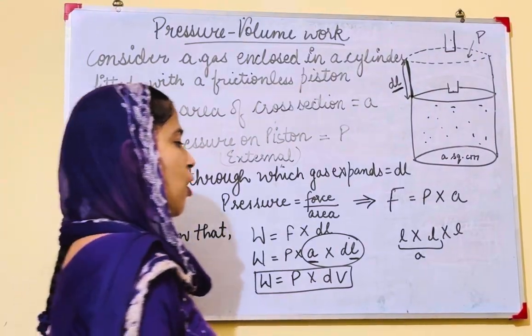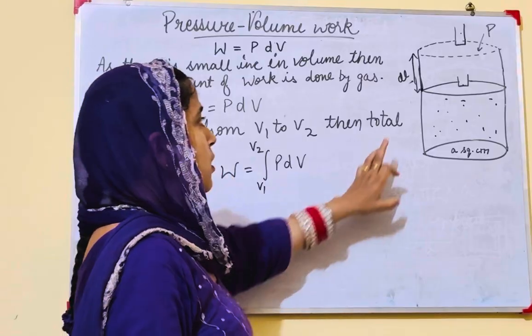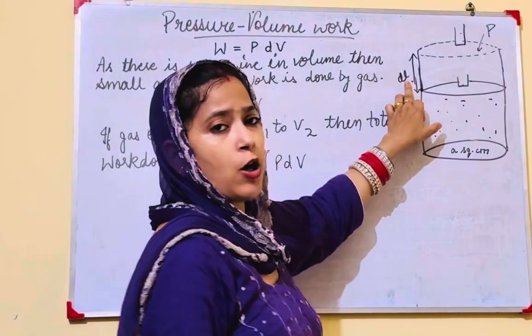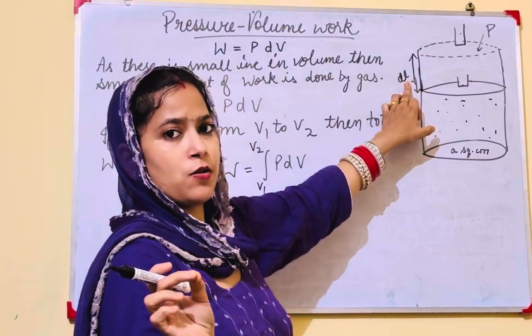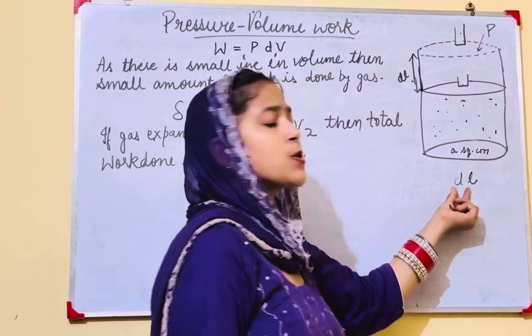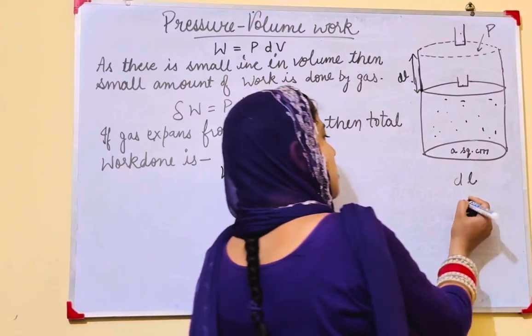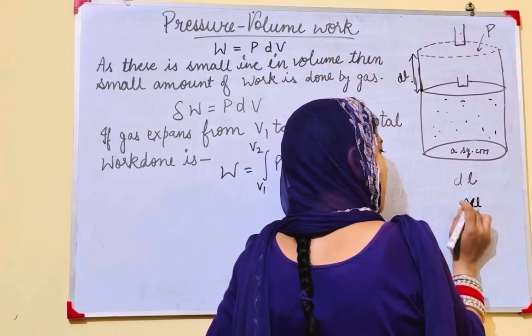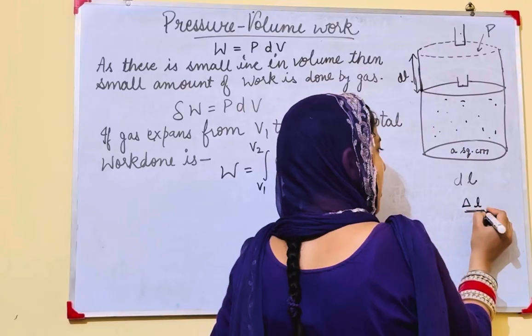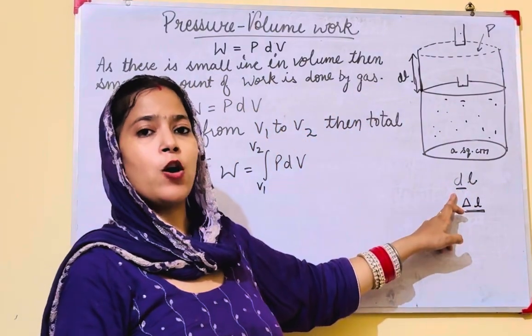Further it will be solved. As there is a small increase in volume, this displacement is very small. When we write dl, d means there is a small change. If we write delta L, this means a large change, and when we write dl, then it is called a small change.